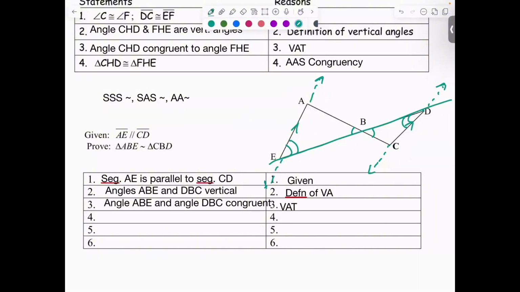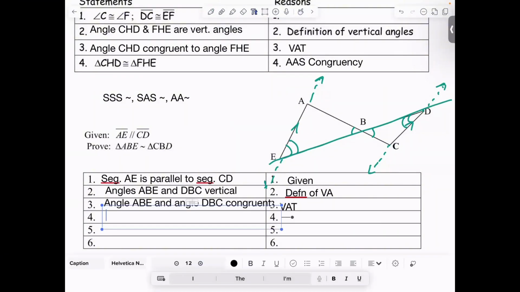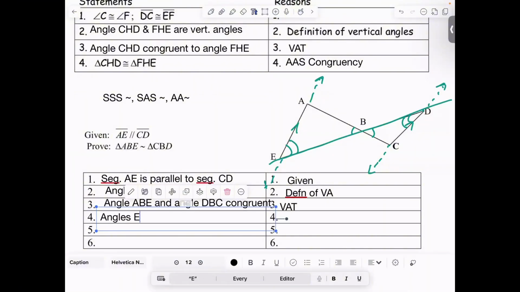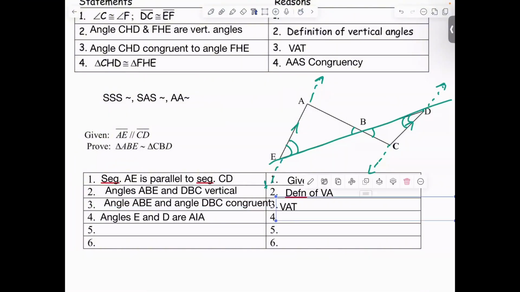Okay, so I'm just going to go down here and finish this up and we'll be done with these examples. All right, so we have angles E and D are alternate interior angles. And that's by definition. And again, I'm abbreviating these.